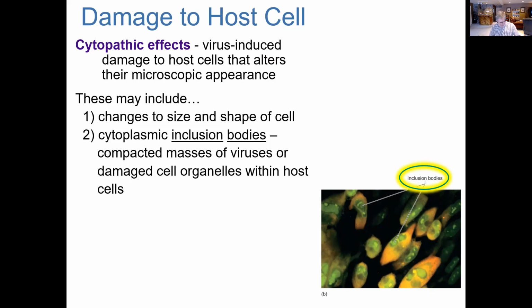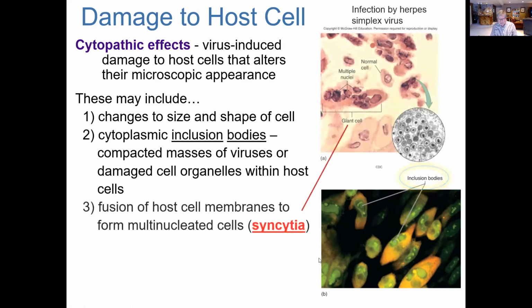They have a slightly different photograph in your book, but nonetheless, these green structures that you can see are these so-called inclusion bodies, as it indicates here, are often indicating where we have clusters or masses of viruses, or maybe ribosomes that have been damaged due to their role in helping to make more viral proteins or what have you. So cellular organelles can be significantly impacted. They can actually kind of all cluster and merge together to form these so-called inclusion bodies.